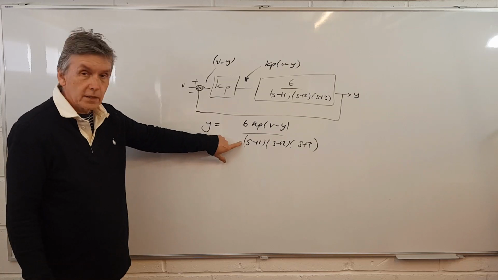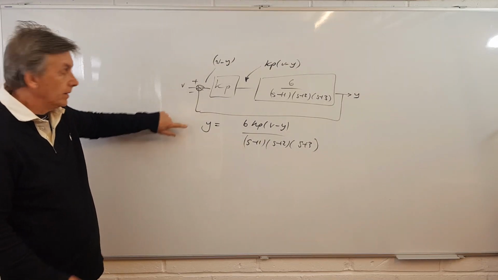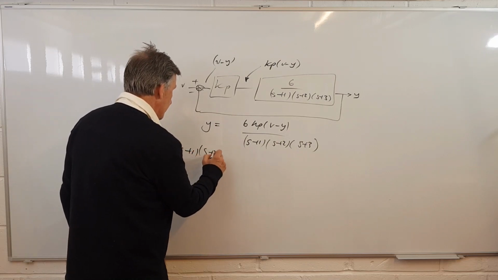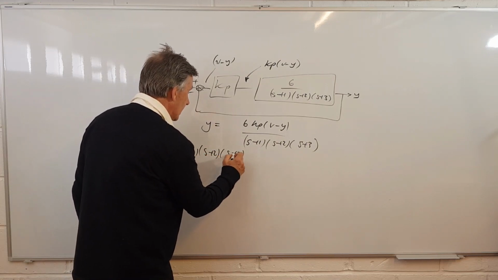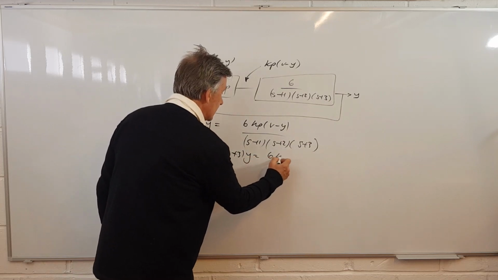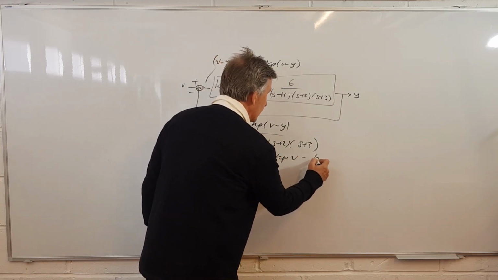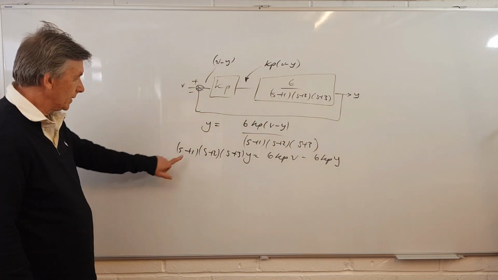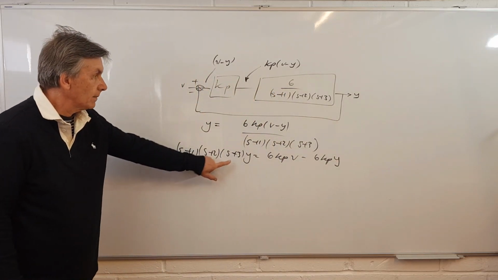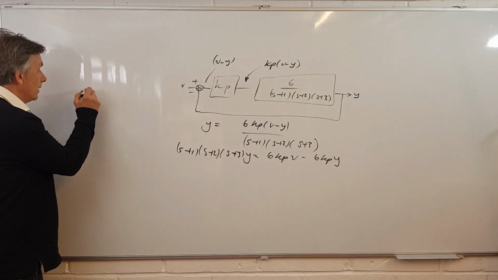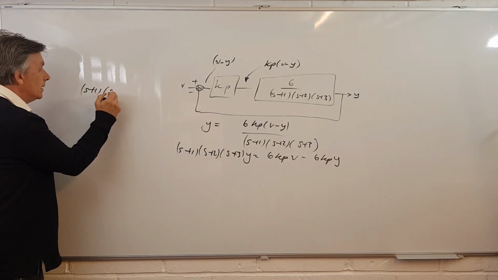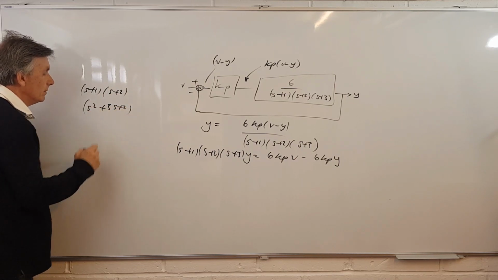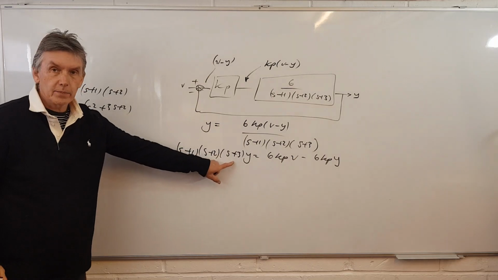We then can move this term here up here. So we get (s plus 1)(s plus 2)(s plus 3) times Y is 6 Kp V minus 6 Kp Y. Now the next job is to multiply this by this by this. So let's look at that. We've got s plus 1 times s plus 2 is s squared plus 3s plus 2. Then we multiply by the s plus 3.